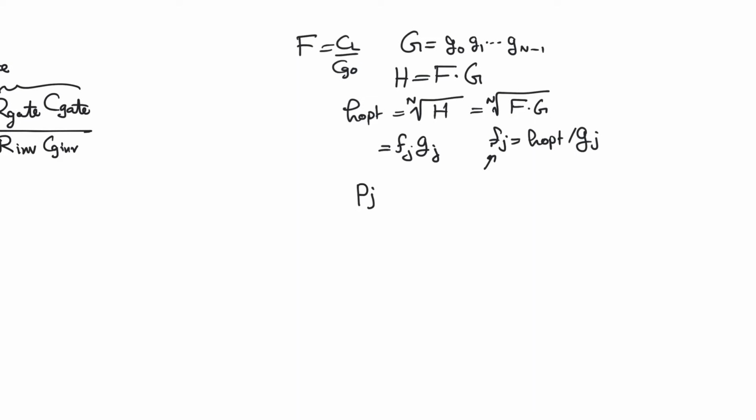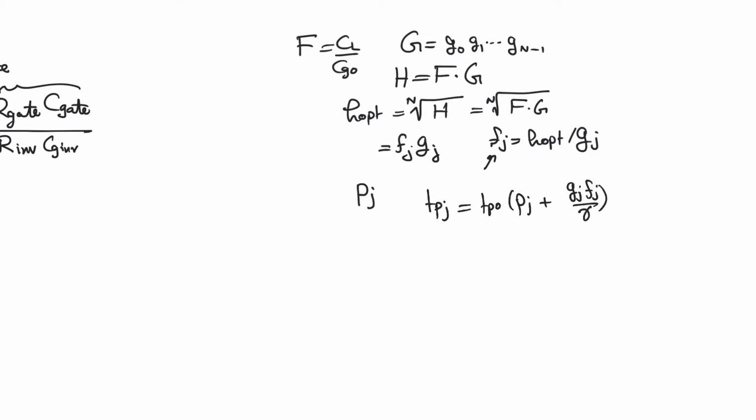So does that mean that intrinsic delay is not important? We do not need to calculate the values of Pj's? No, of course not, because if you look at the expression of Tpj for any stage, it's equal to Tp naught into Pj plus Gj Fj over gamma.